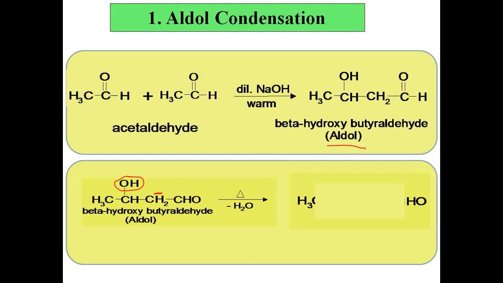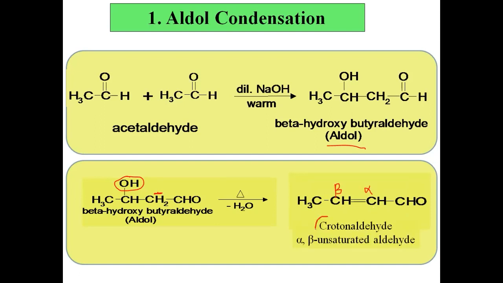This is the product formed, and there is a double bond between those 2 carbons, and this is nothing but the alpha beta unsaturated aldehyde. Name of this particular compound is crotonaldehyde.